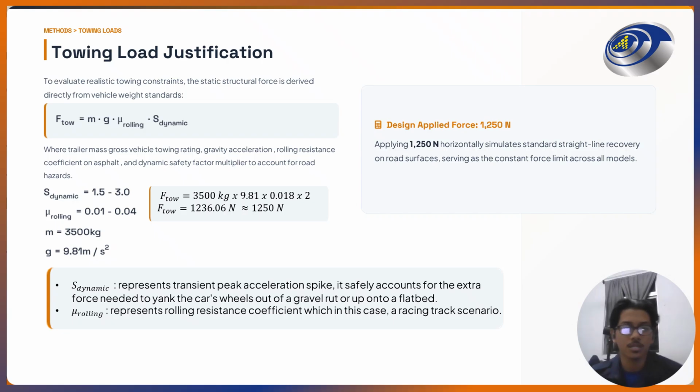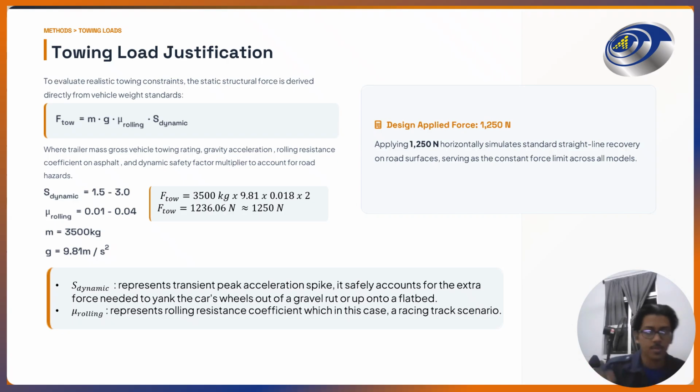The coefficient of rolling resistance accounts for the friction created on the asphalt road, and the dynamic safety factor multiplier accounts for the extra force needed to pull the car from gravel or from a surface that is not tarmac onto a flatbed.